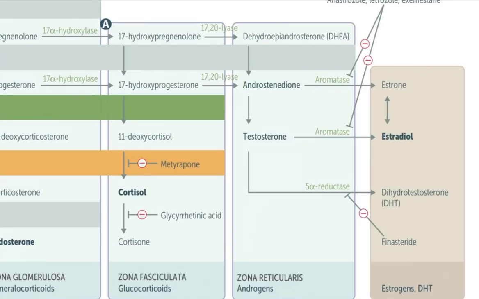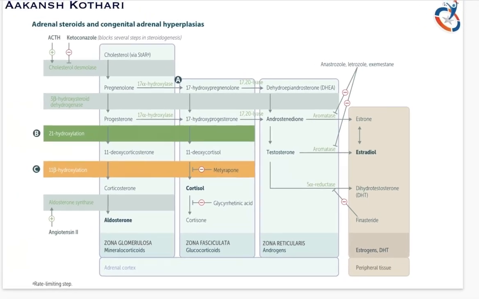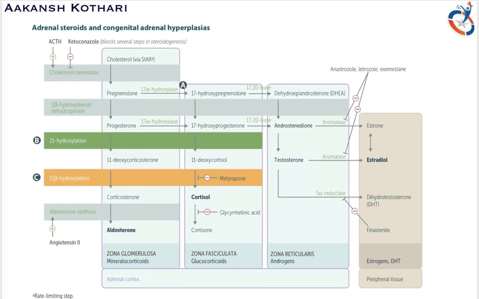Is it clear? So DHEA to androstenedione, which is then aromatized to estrone, or androstenedione is converted into testosterone, which is aromatized to estradiol. Testosterone can also be converted into dihydrotestosterone by 5-alpha reductase. So is this clear? Aldosterone is produced in zona glomerulosa, cortisol in zona fasciculata, and androgens in zona reticularis.